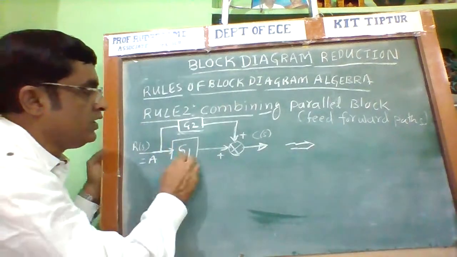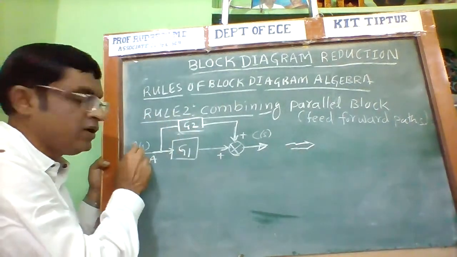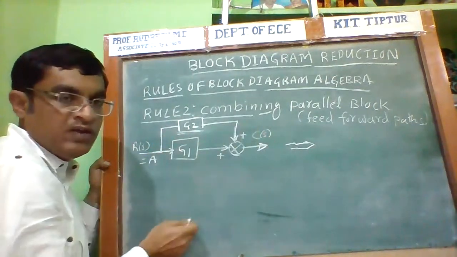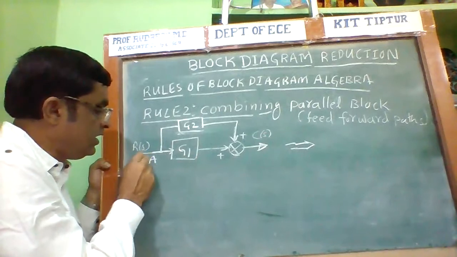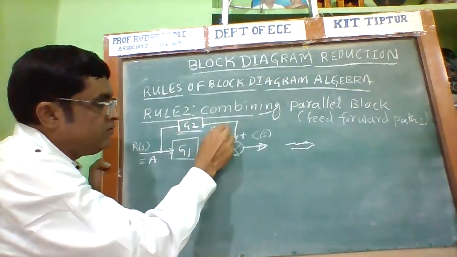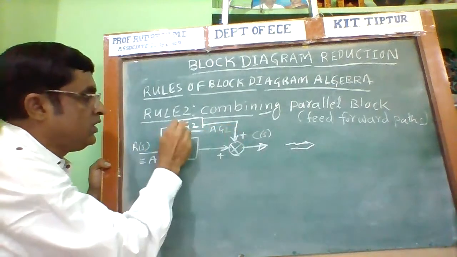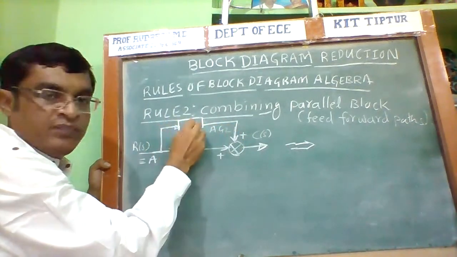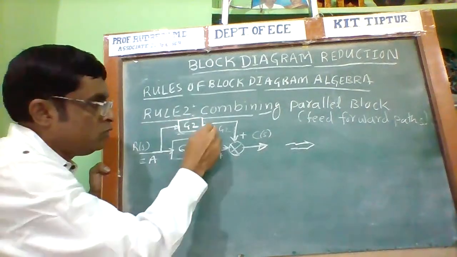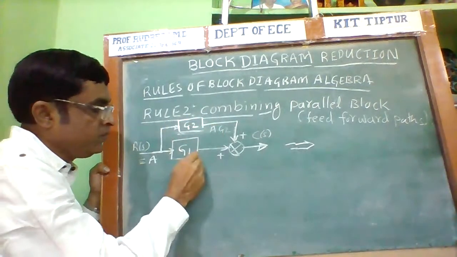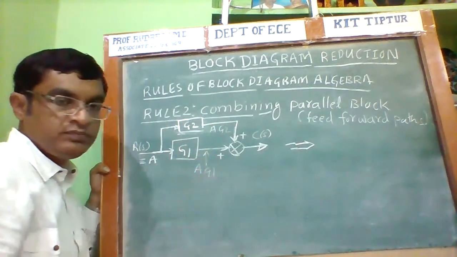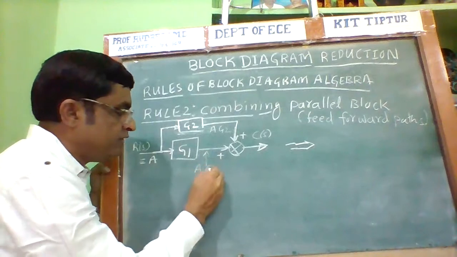Now, suppose R of S is the input of this particular block diagram and the output is C of S. If A is the input, what is the output here? The input is A and the transfer function is G2, so the output is A into G2. Here the output will be A into G1.